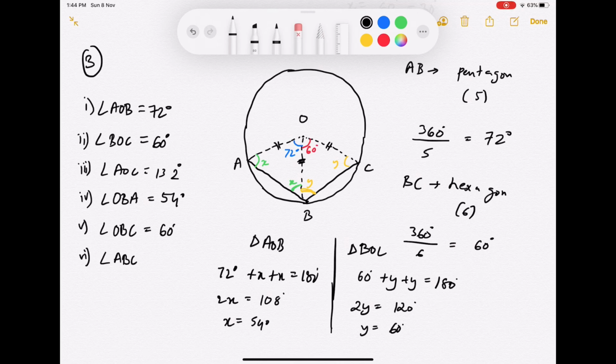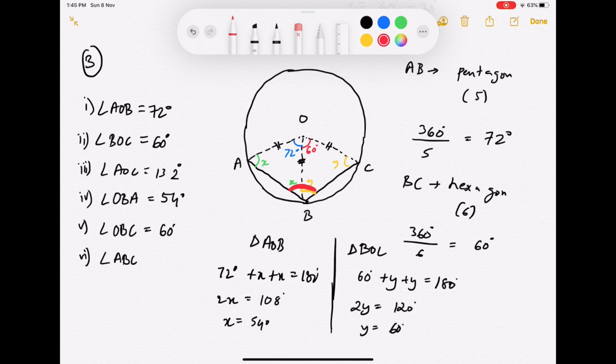And the last one is angle ABC. If I look at angle ABC, it is actually this angle over here, this complete one. Angle ABC is actually the sum of angle ABO plus angle OBC, this entire angle.